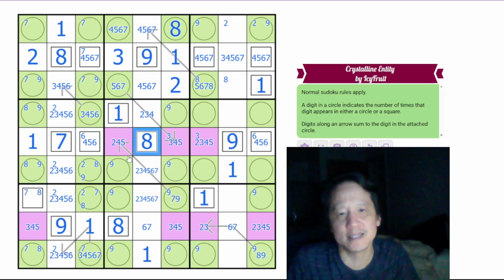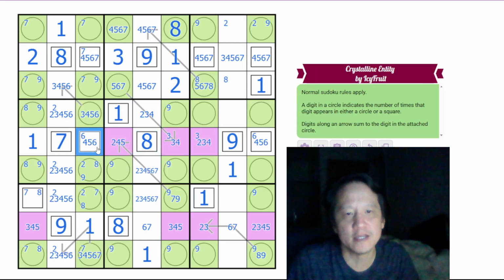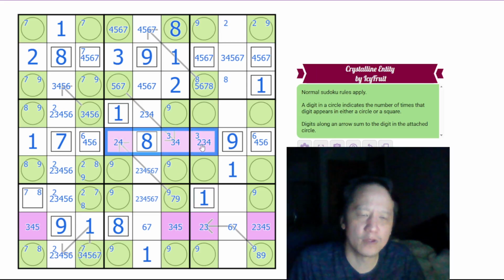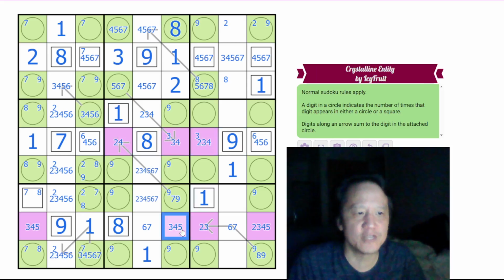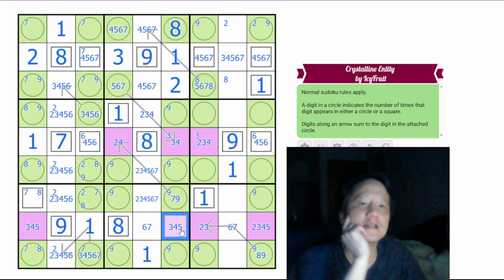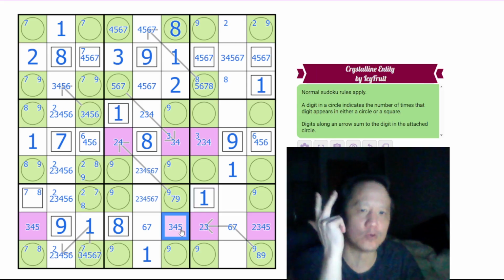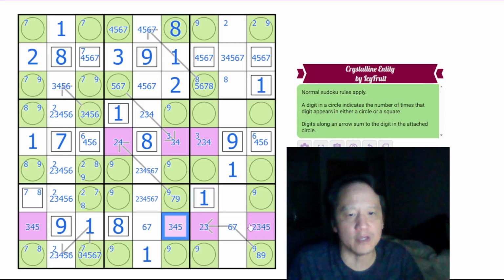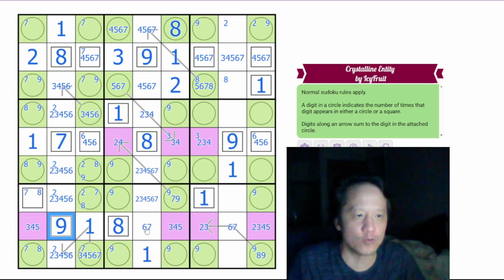Therefore, this cannot be 5 in the rest of row 5. Because the 5 has to avoid... it's specifically not in one cell in columns 1, 3, 4, 6, 7, 9. And it can only be in row 8 because this is a 2, 3, 4, 5 quintuplet.